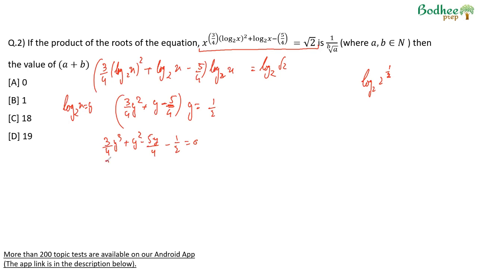Multiplied by 4, 3y cube plus 4y square minus 5y minus 2 is equal to 0. And therefore, the roots that we'll get will be from here.